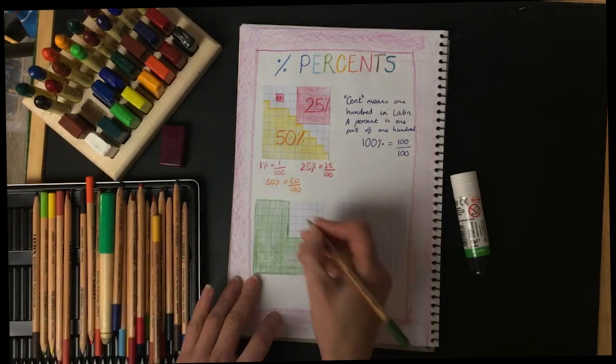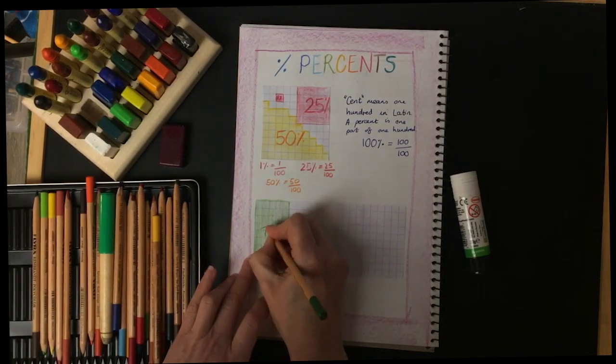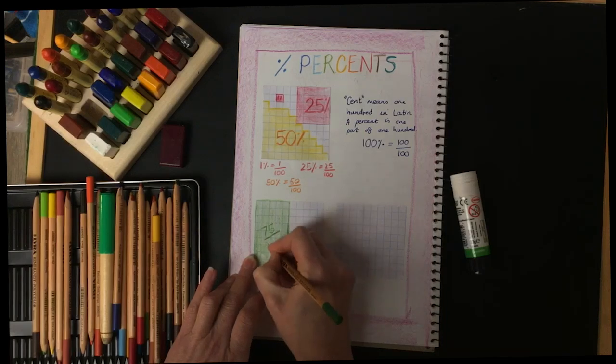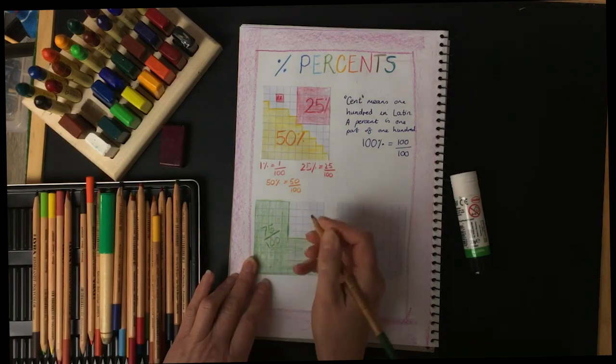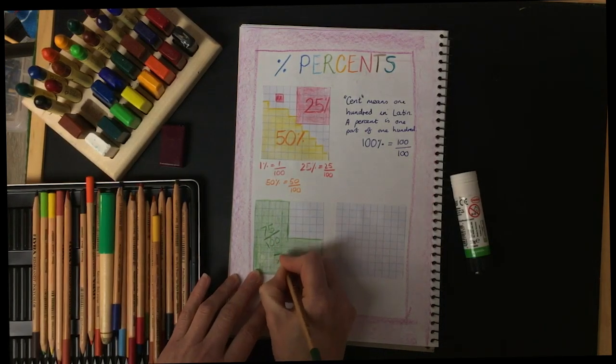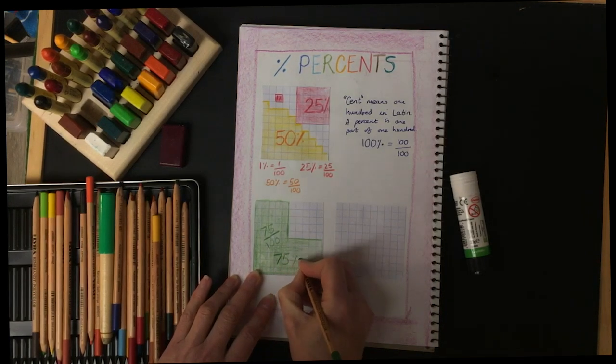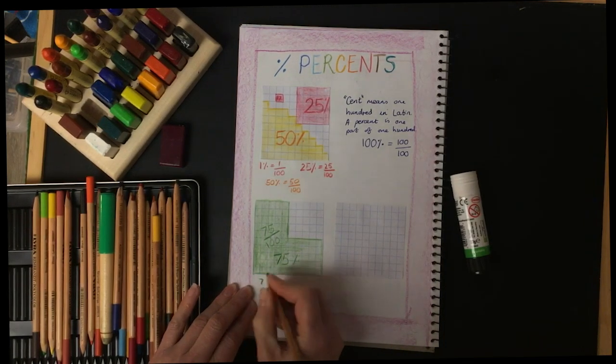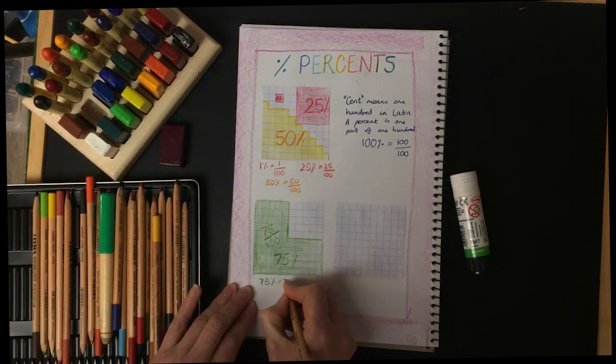So there we go. There's my 75 over 100. And that's the same as 75%. I'm going to write it at the bottom here so you can see it better. 75% is equal to 75 over 100.